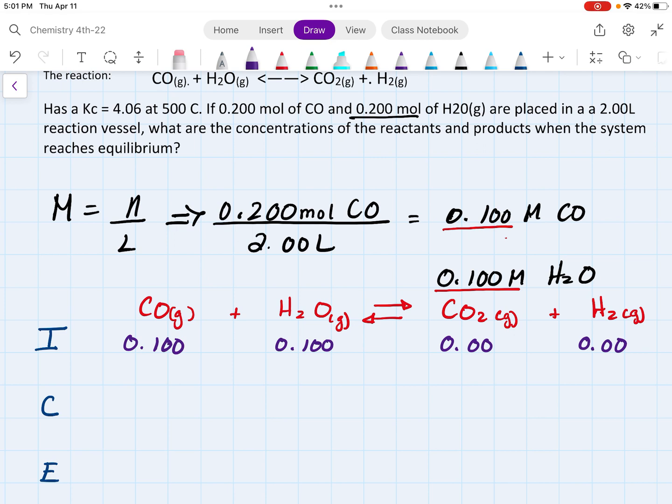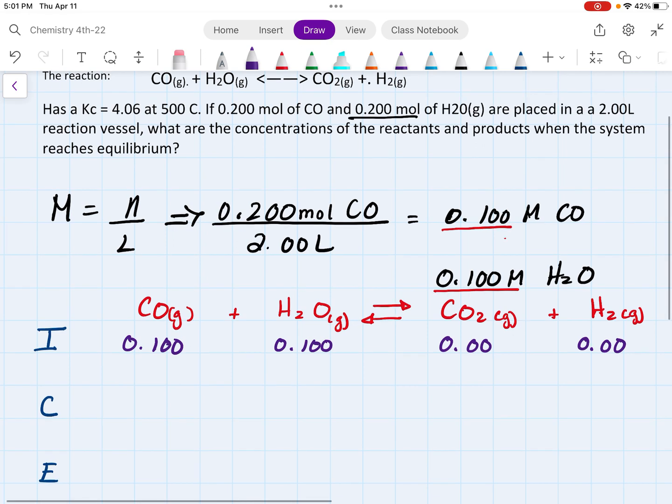Now, the change in the concentration is where it's going to get a little bit tricky because we really don't know by how much it's changing. So all we're going to do is use variables. Keep in mind that the reactants' change is going to be negative because they're being consumed to form products, and the products' change is going to be positive.